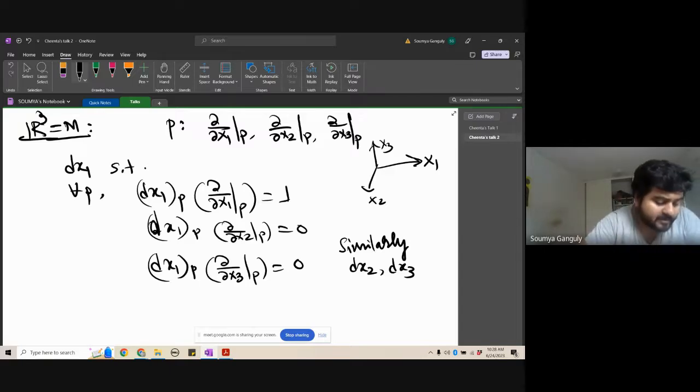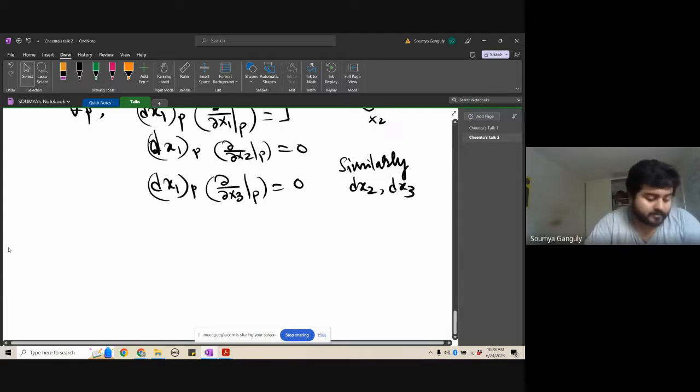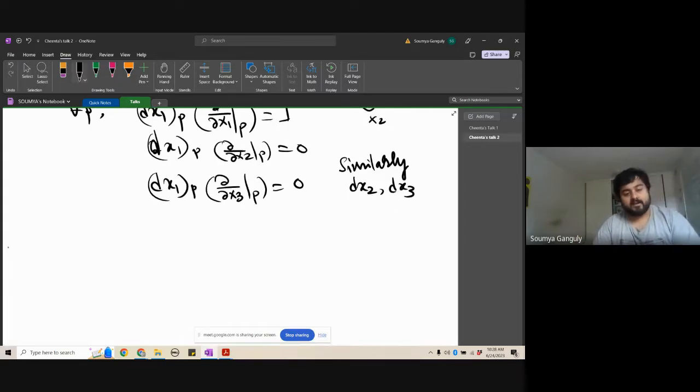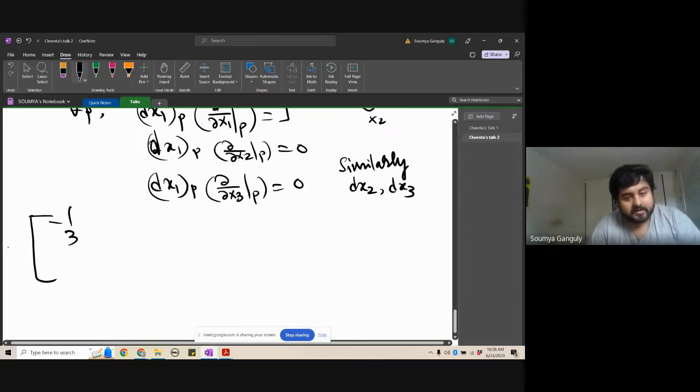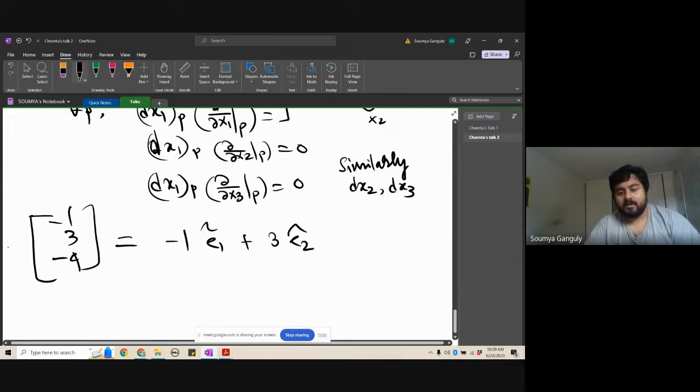So now, let's see how you play with differential one forms. Suppose you have a tangent vector. This is a tangent vector on R3, right? So how do you write this? This is -1 E1, where E1 is 1, 0, 0, plus 3 E2 plus 4 E3.